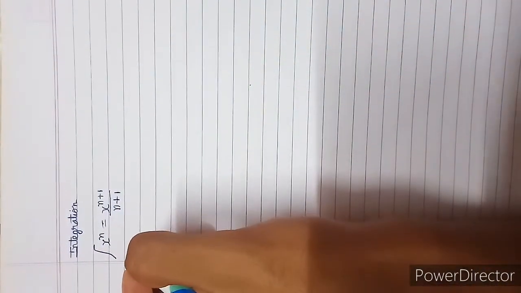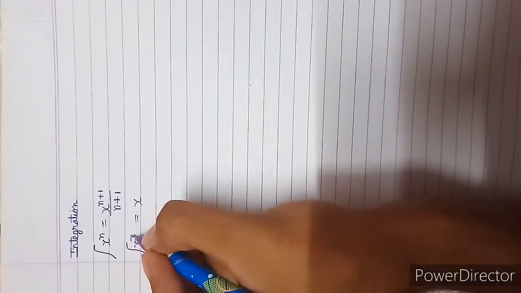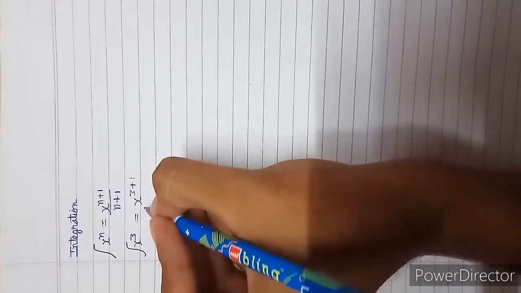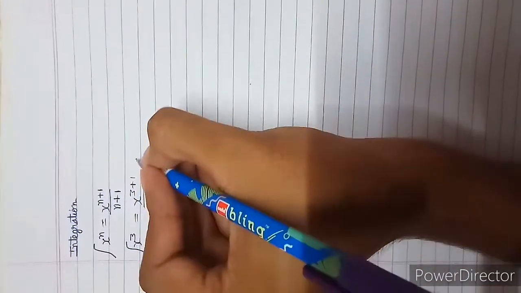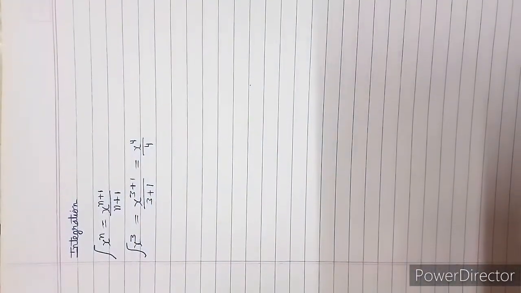It is very simple. Now it will be more clear to you if we take one example, like what is the integration of x cube. So we will replace 3 by n, x power 3 plus 1 upon 3 plus 1. Now it is x power 4 upon 4. I hope it is clear to you.